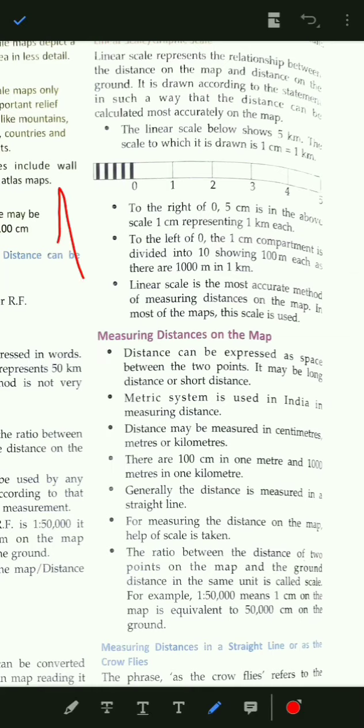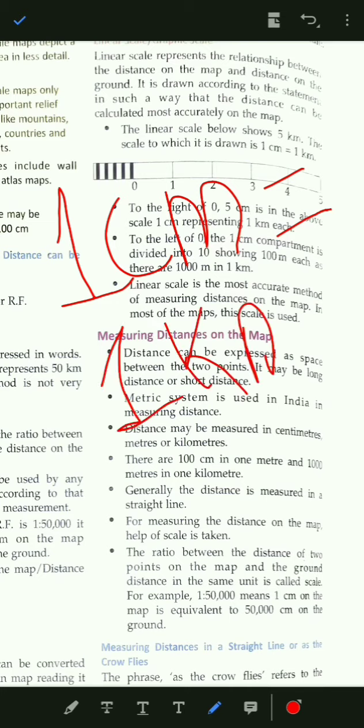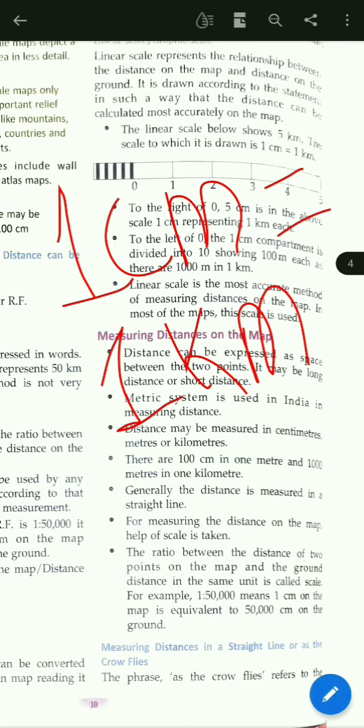Here 1 centimeter is taken as 1 kilometer, means 1 kilometer on the ground is taken as 1 centimeter distance on map. Okay student.